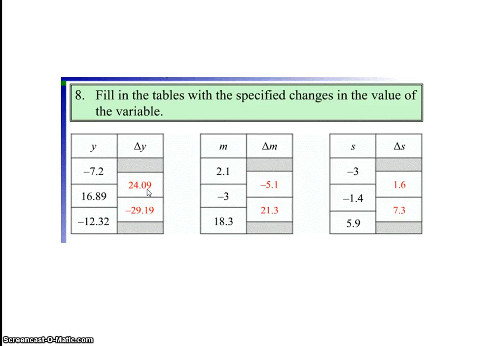You can stop the video and check these values and make sure you understand how change in Y is related to this list of Y values, and then separately how these changes in M are related to these three values of M, and so forth.